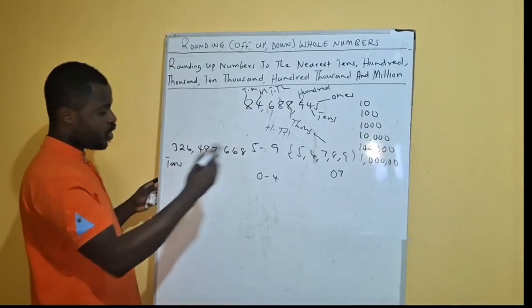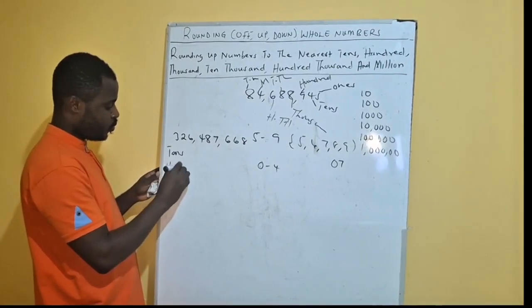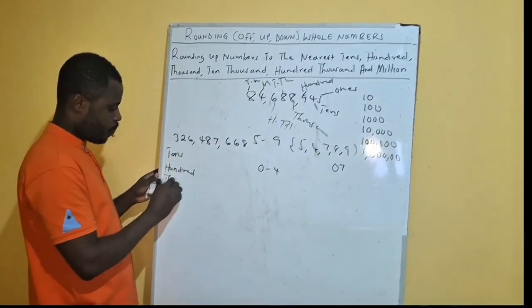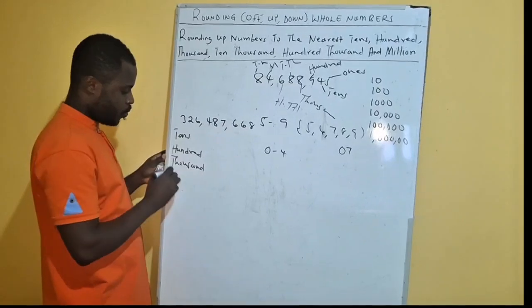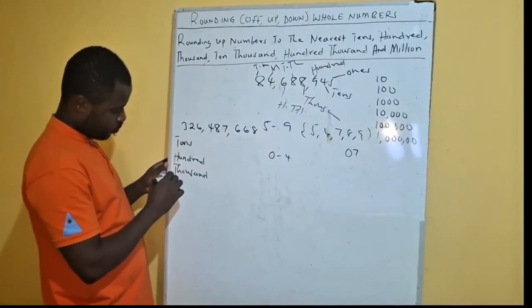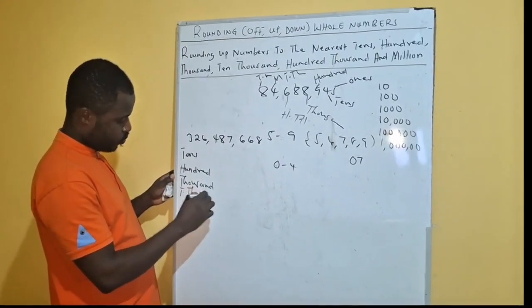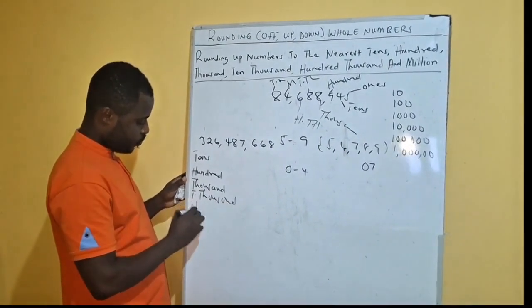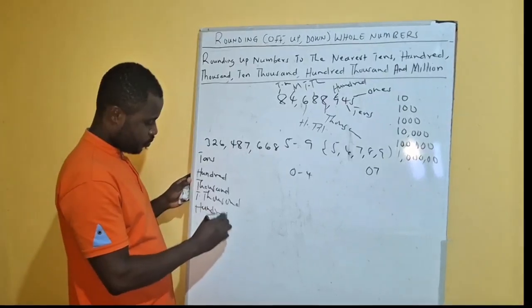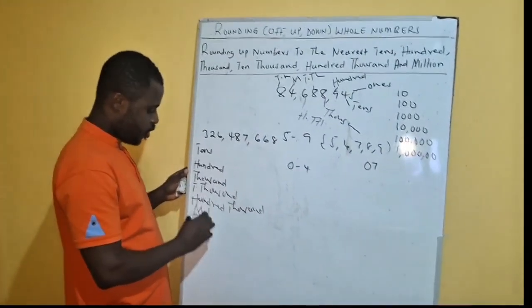We are going to round it up to the nearest 10, 100, 1,000, 10,000, 100,000, million.